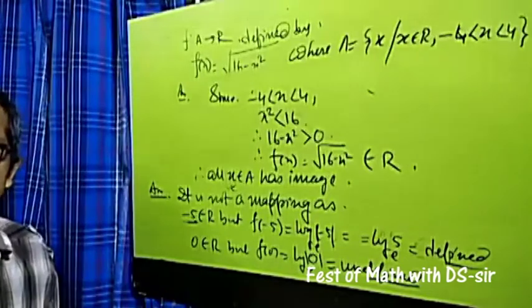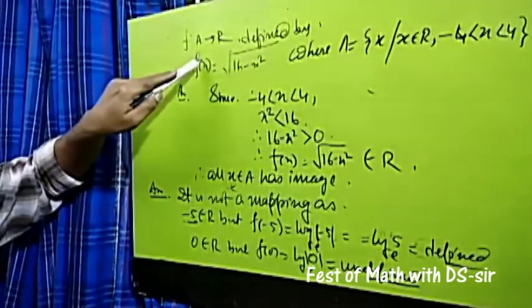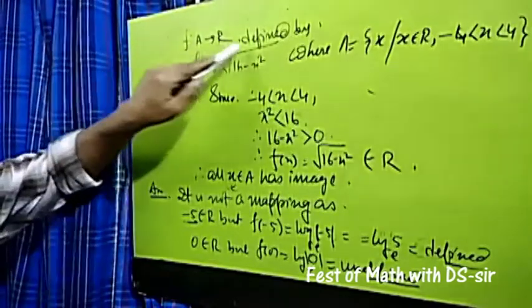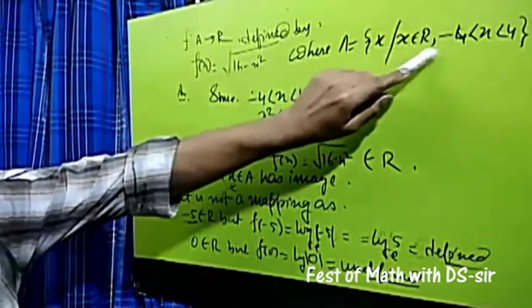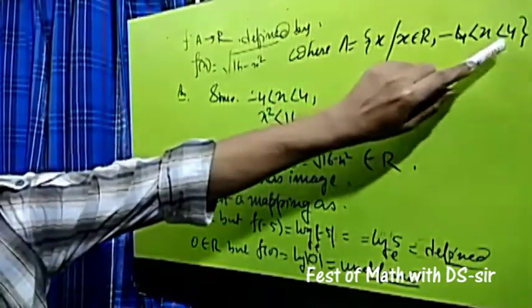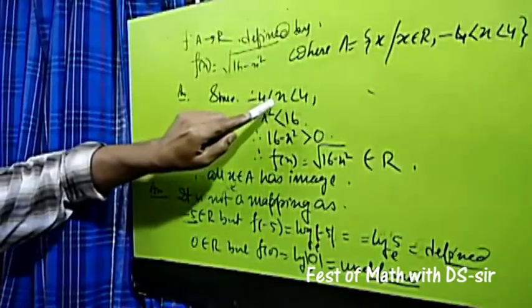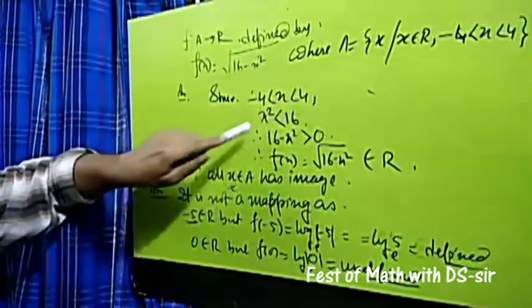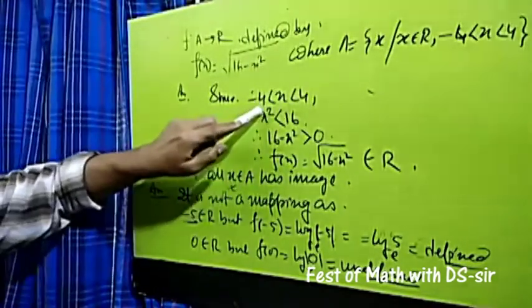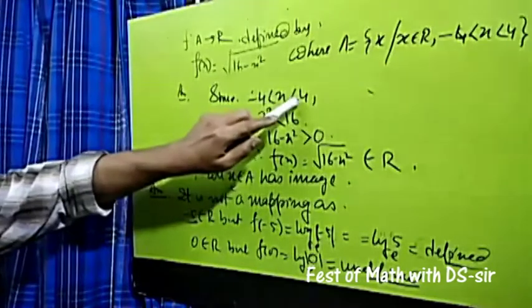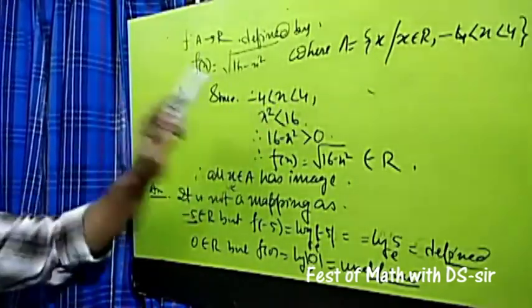Now see, if we change the relation to f from A to R, where A is the set of x belongs to R where minus 4 is less than x less than 4. In that case, x square is less than 16. You can take any value in between these two, take its square, and you will see that x square is less than 16.